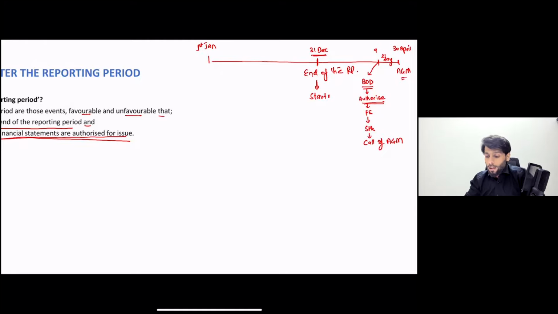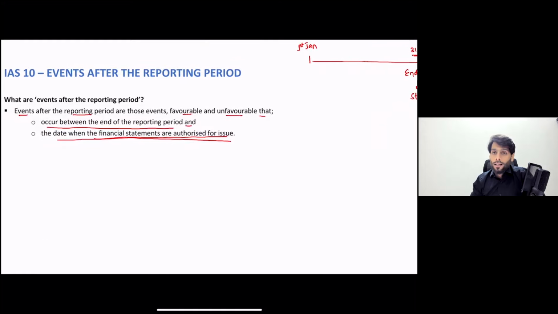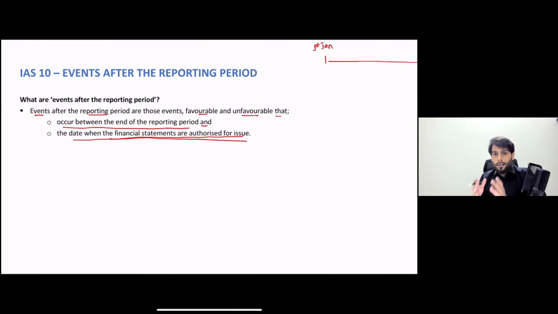So coming back to IAS 10, the scope of IAS 10 clarifies that its horizon is limited to all transactions that occur after the reporting period.